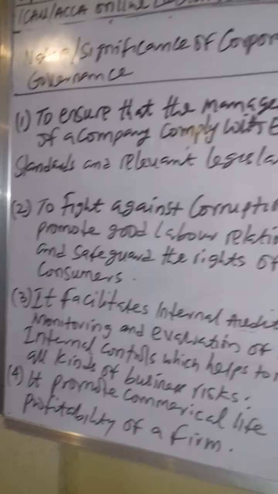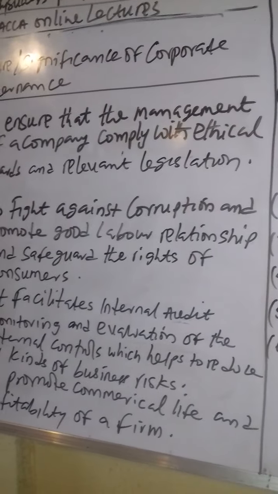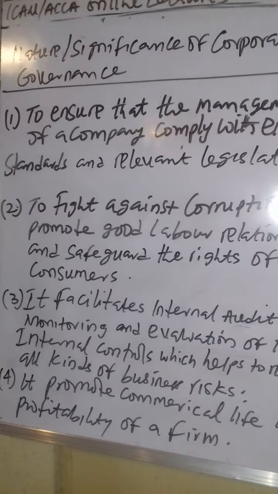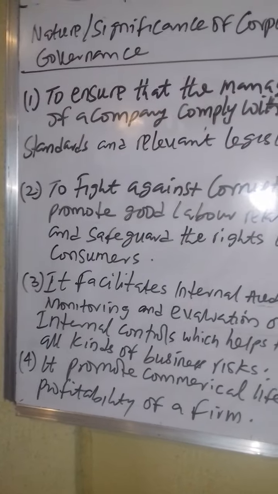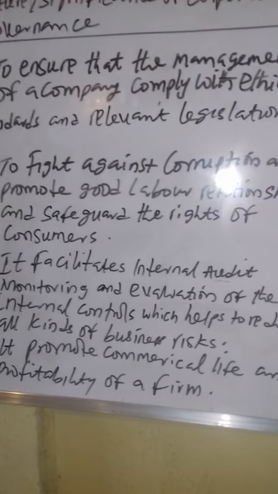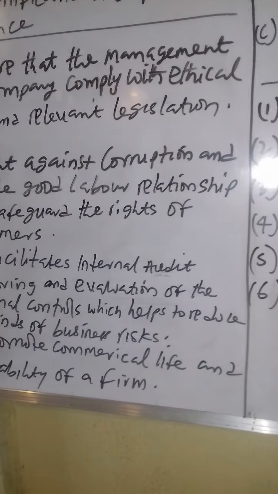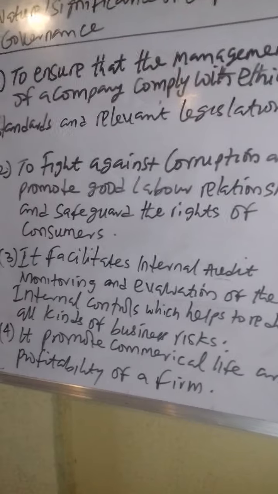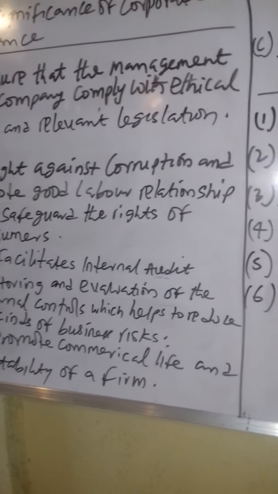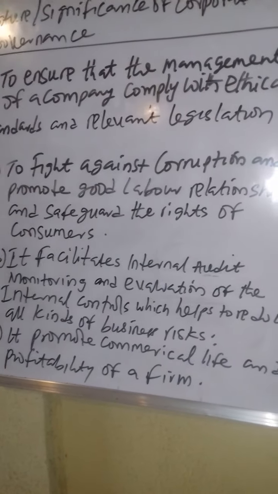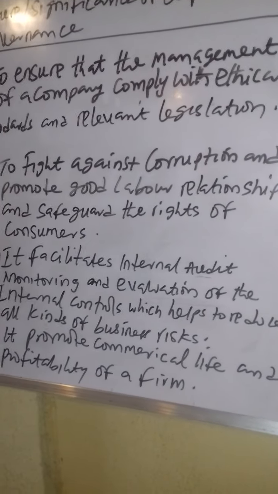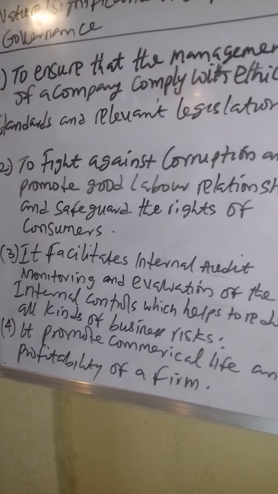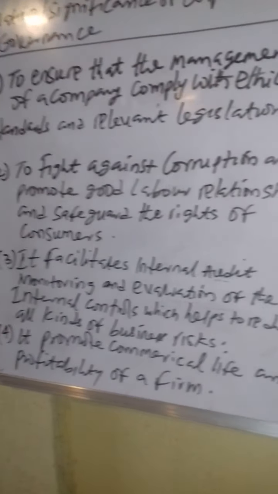It enforces compliance. Number 2, corporate governance fights against corruption, as I said earlier, promotes good labor relationships and safeguards the rights of consumers. When there is corporate governance, labor are not cheated.